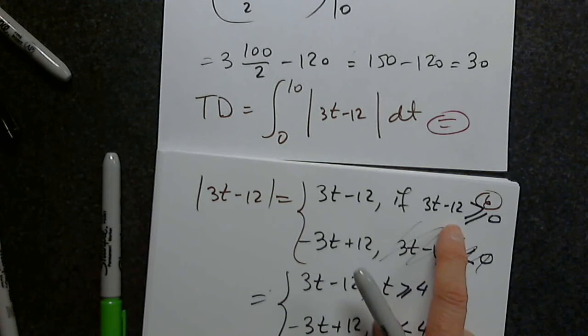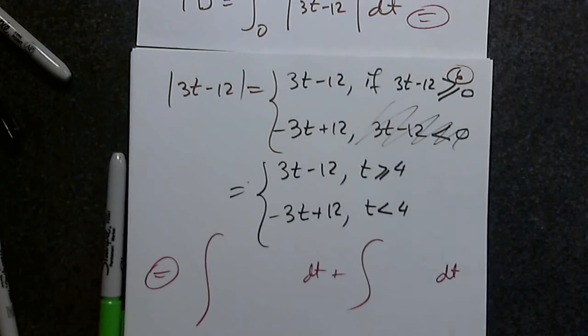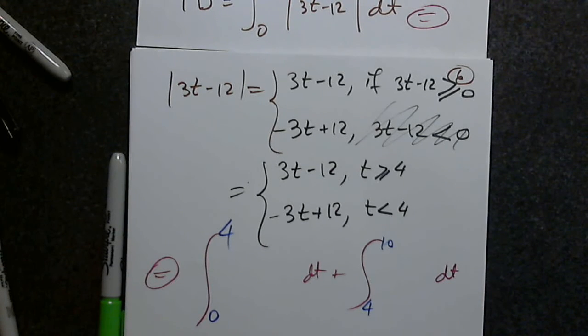We have to solve that for t. Good. So then what we have is 0 to 4 and 4 to 10. Of course, that's where the breakup is, right at 4.